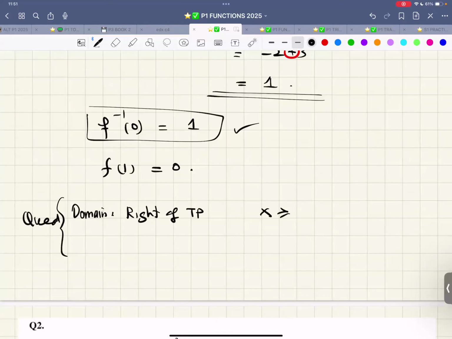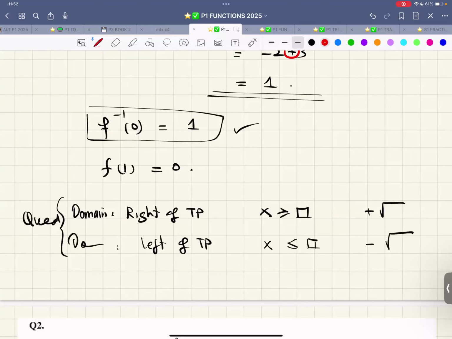Going to the right of whatever value, the square root will have a positive sign. If the domain is left of the turning point, x is less than or equal to something, then the square root will have a negative sign. So positive is to the right of the original function, negative is left of the original function. It doesn't make a difference whether the graph has a minimum point or a maximum point. No issue with that. The issue is just with right or left of the turning point.